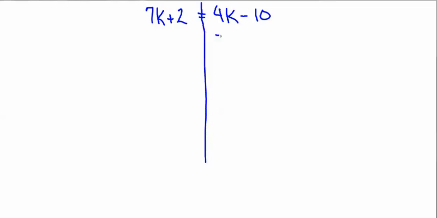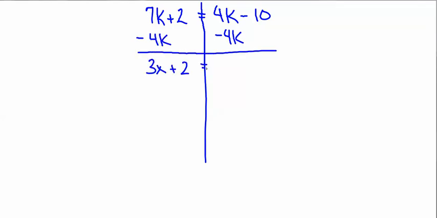Alright, 7k plus 2 equals 4k minus 10. So, subtract 4k from each side. 3k plus 2 is equal to negative 10.